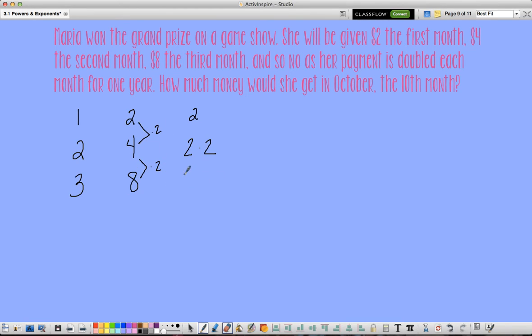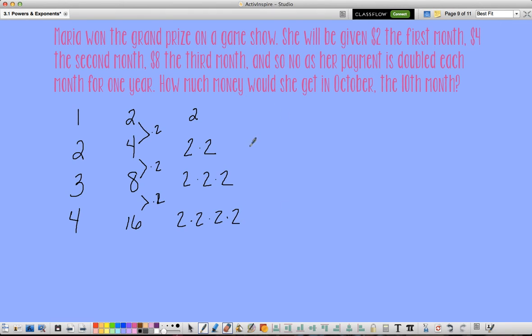So to get the 8, you took 2 times 2 times 2. So then now you have the 4th month, where you know that in order to get your next amount, you have to multiply by 2, and that's going to give you 16. So now you've multiplied 2 4 times.